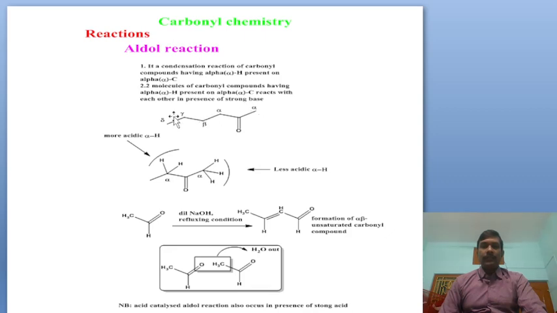Here the alpha, beta, gamma and delta carbons are represented, and the alpha carbon shown here is more acidic, and the alpha carbon shown here is less acidic, due to the presence of an alkyl group here, while there is no alkyl group there.